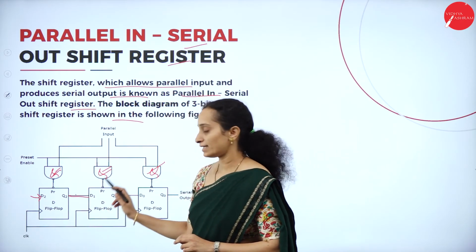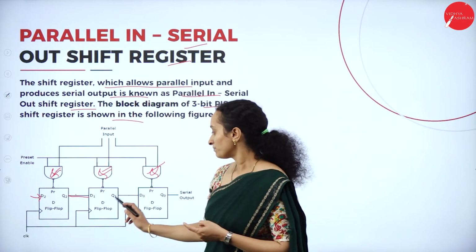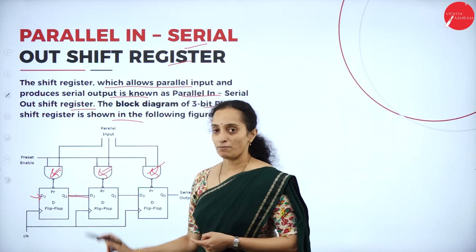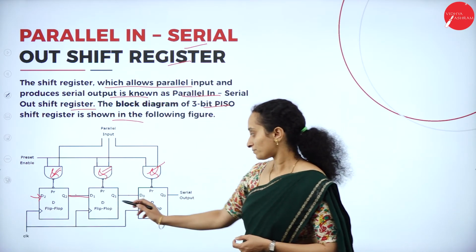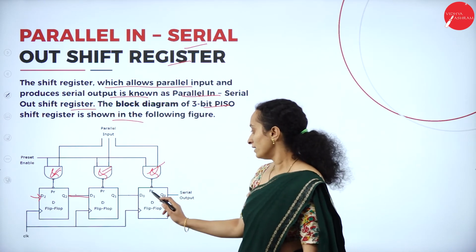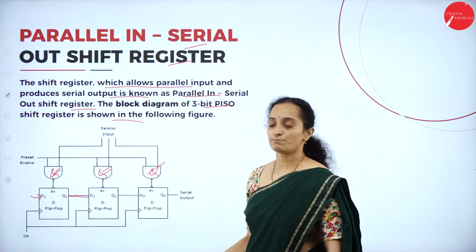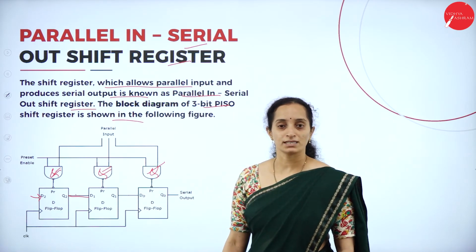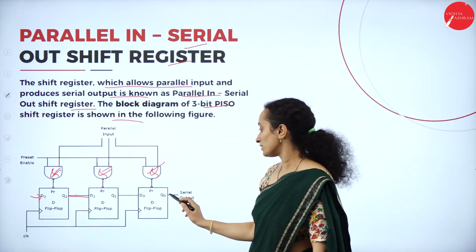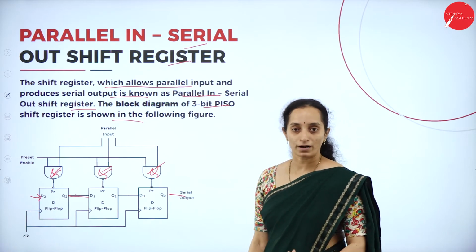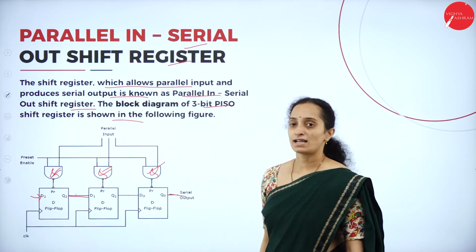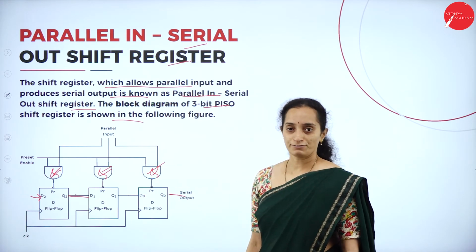Now, Q2 acts as an input for the next flip-flop. It gets two inputs in the D flip-flop from D1 and from another AND gate. It produces another bit. The third AND gate takes one input from the previous flip-flop and one from the AND gate, and it produces only one output. There are no multiple outputs. Only one output is produced in a parallel in, serial out shift register.